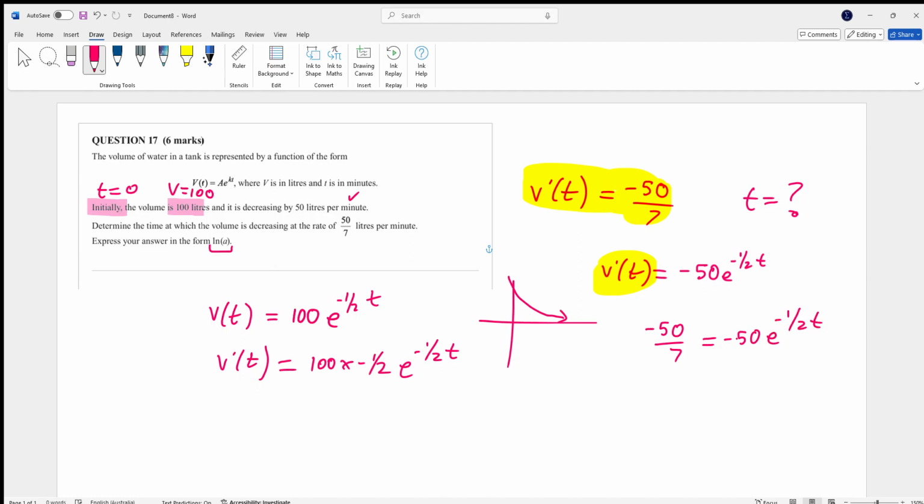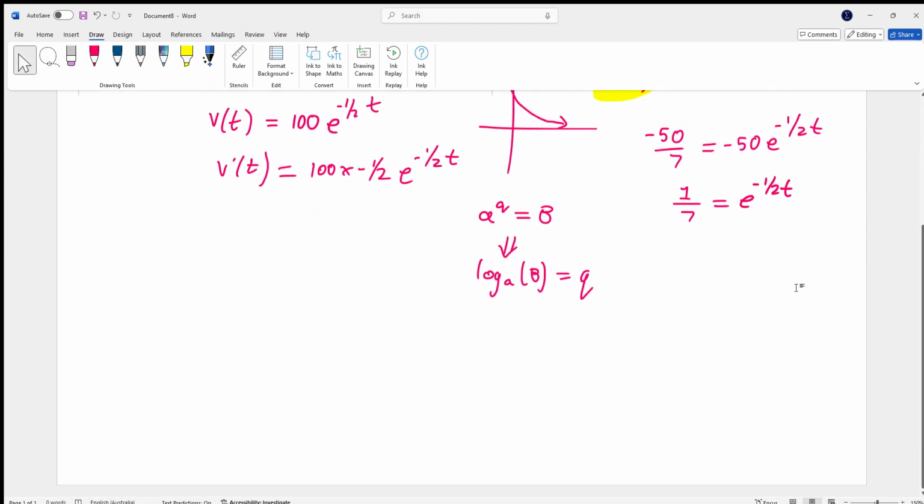We're going to divide both sides by negative 50. So that's going to give you 1 over 7 equals e negative a half t. Now, the next job here is to log both sides here, because we're going to convert it from a format that looks like this to a format that looks now like this, because we need to get the unknown by itself, and the unknown is the t in this case here, which is in that power.